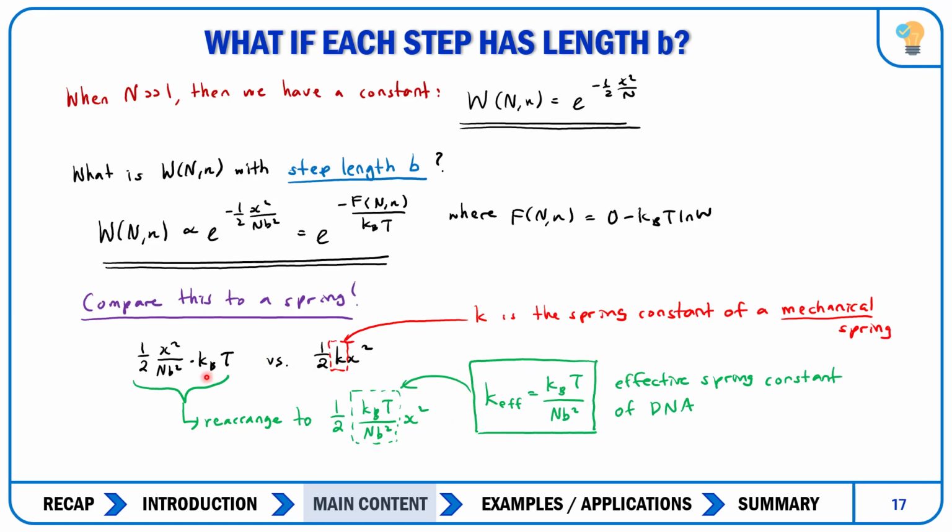You can relate this to 1/2 kx squared for a normal mechanical spring, and just say k is equal to all these terms in the middle, and therefore you have the effective spring constant of DNA being equal to whatever variables are left over.